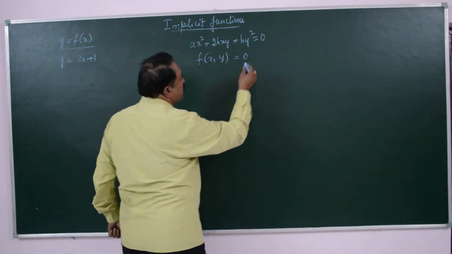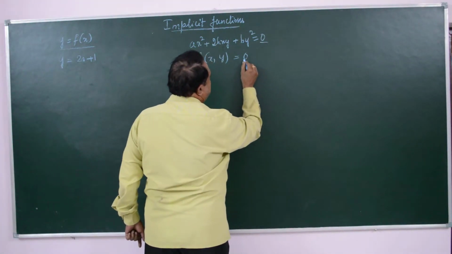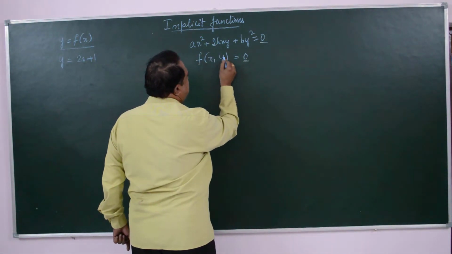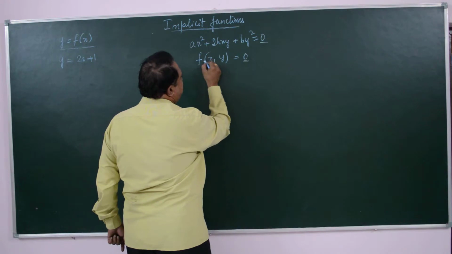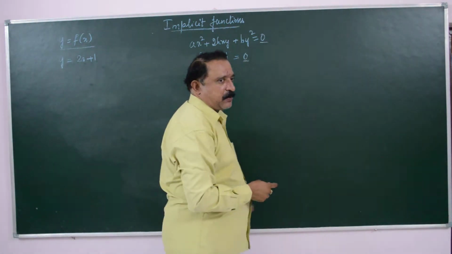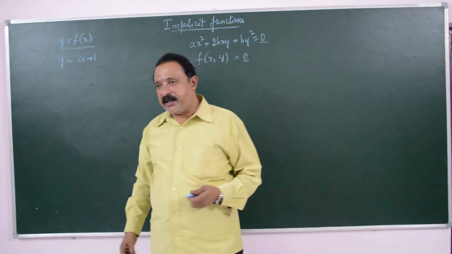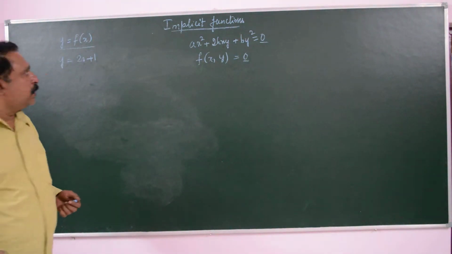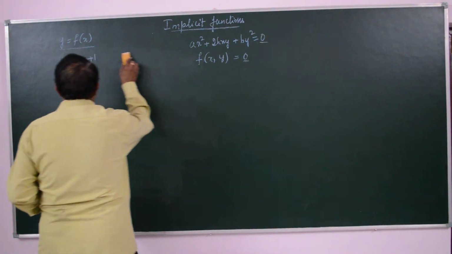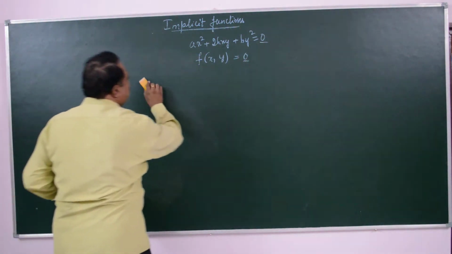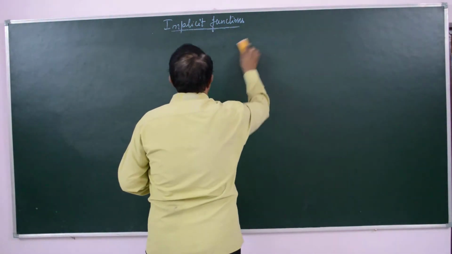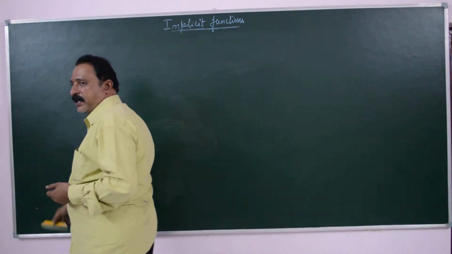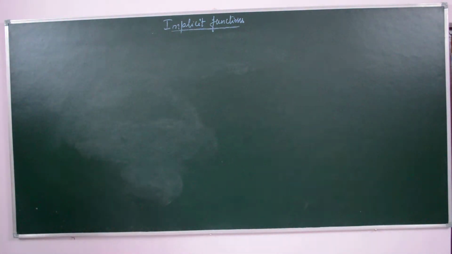So usually this function will have 0 on the right hand side and x and y are together. Therefore we write f of x comma y is equal to 0. A function of the form f of x comma y is equal to 0 is called an implicit function.